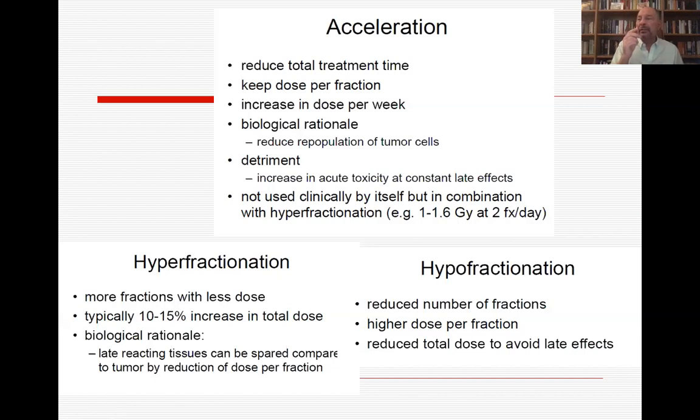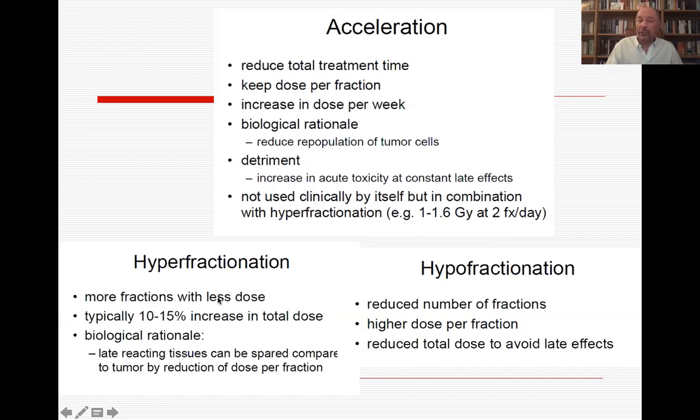Generally speaking, everybody agrees that the acceleration is good. It's good for the patient, it's good for the hospital, and it's good biologically because you will reduce repopulation of tumor cells if you keep small the treatment time.